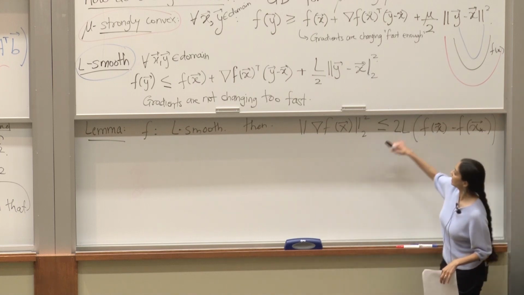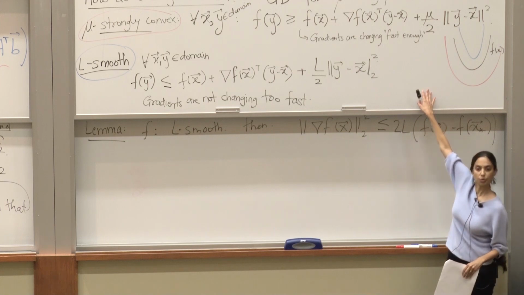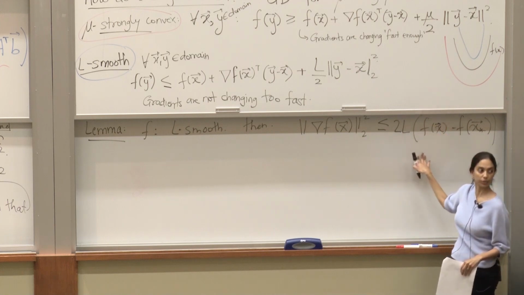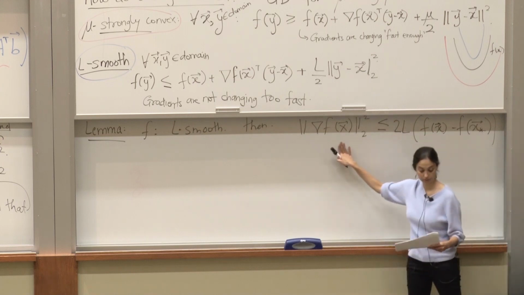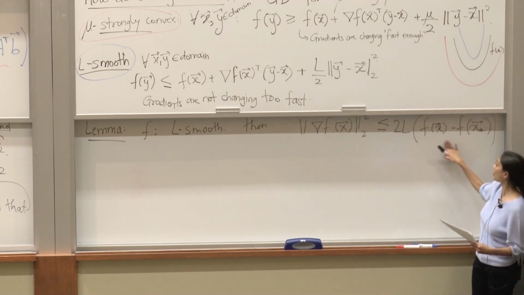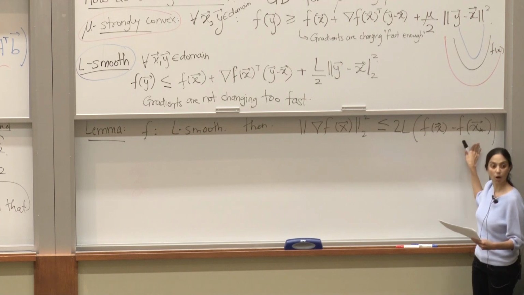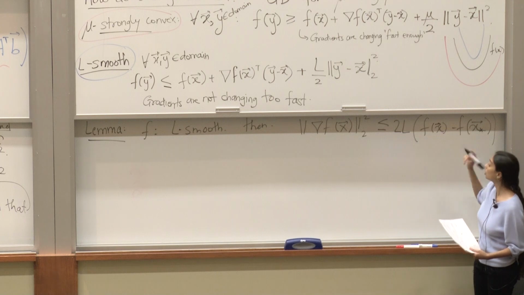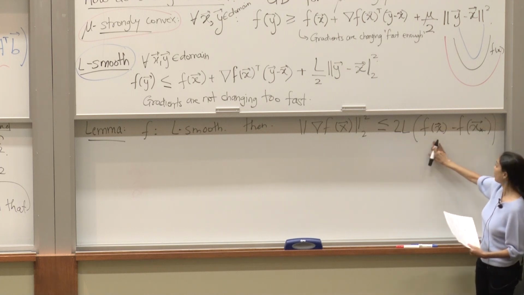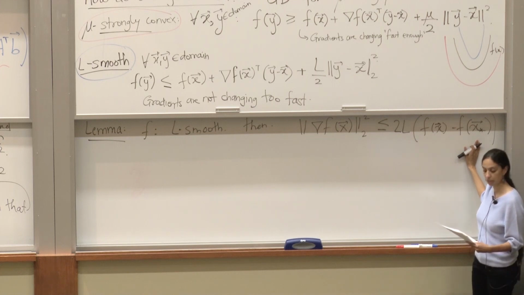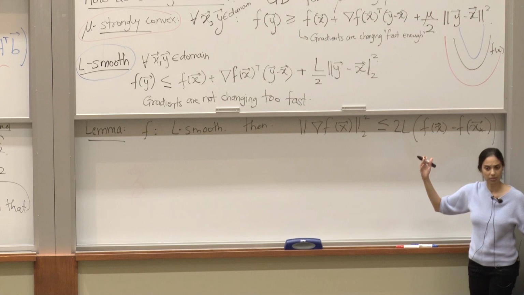So what this is saying is if I have this L smoothness property, I can directly interpret this to give me a bound on the gradients, depending on how far away I am from the optimum point. Okay? So what it's saying is that, look, if you're very, very close to the optimum, right? If f of x minus f of x star is pretty small, then do you want to be taking giant steps?